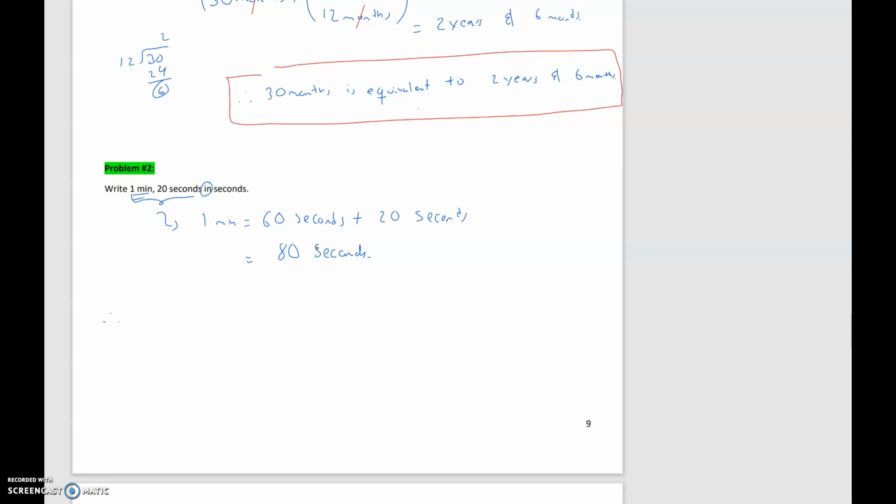So in this case, 1 minute and 20 seconds is equivalent to 80 seconds.